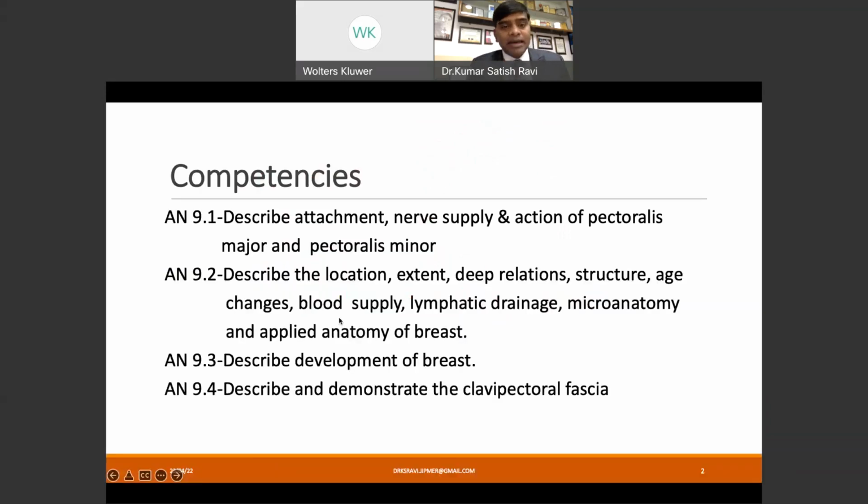I will be discussing the various competencies: describe the attachment, nerve supply and action of pectoralis major and minor muscle, apart from that the subclavius; describe the location, extent, deep relations, structure, age changes, blood supply, lymphatic drainage, microanatomy and applied anatomy of breast. Apart from that, we'll discuss the development of breast, and we will also discuss the clavipectoral fascia. Apart from that, the clinical aspect.